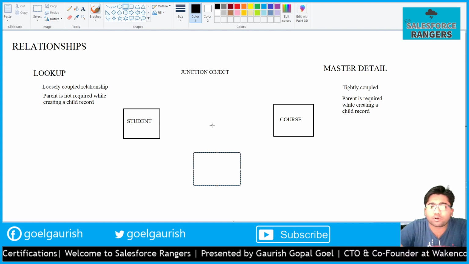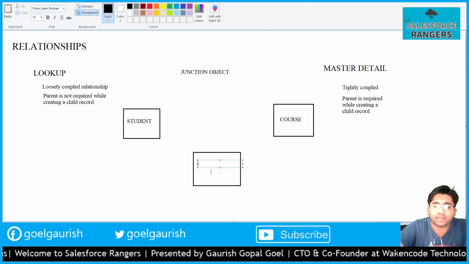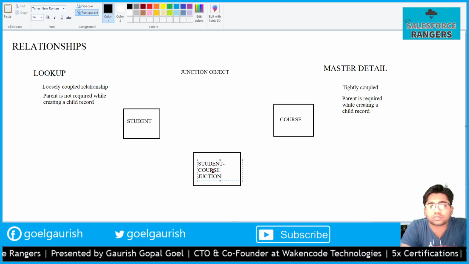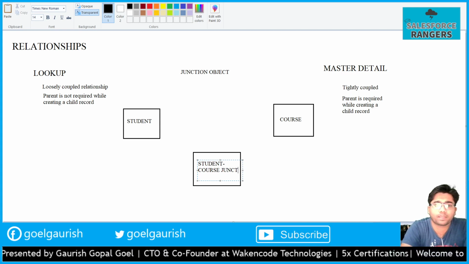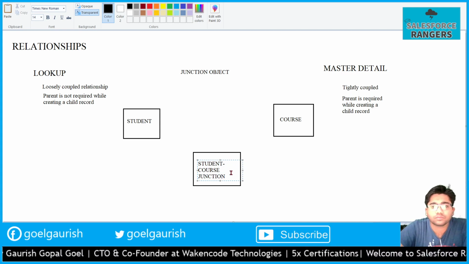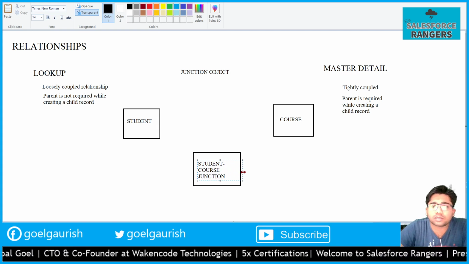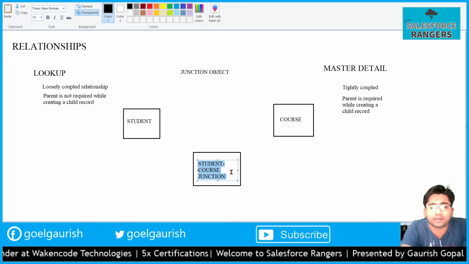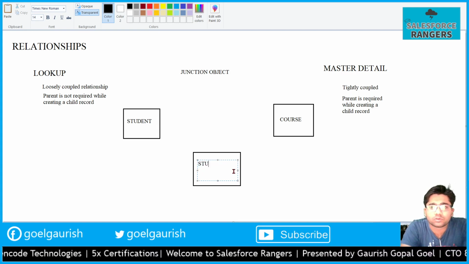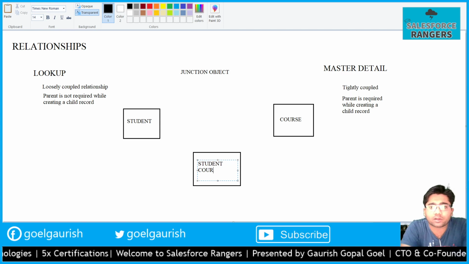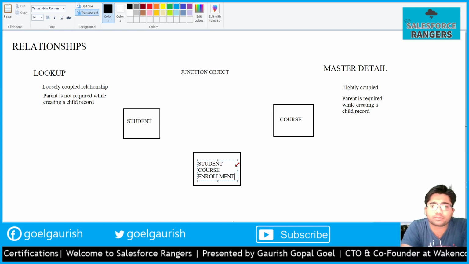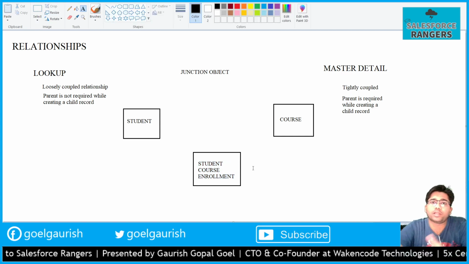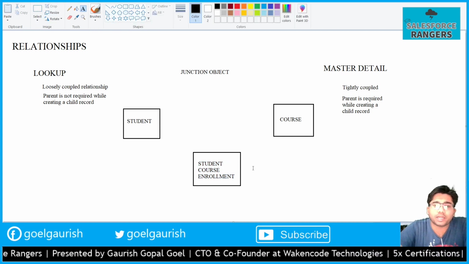I will create a custom object here, and let's name it student course junction. Or, this object name doesn't make any sense to me, so I will rename it to student course enrollment, because students are enrolling themselves into a course, right?